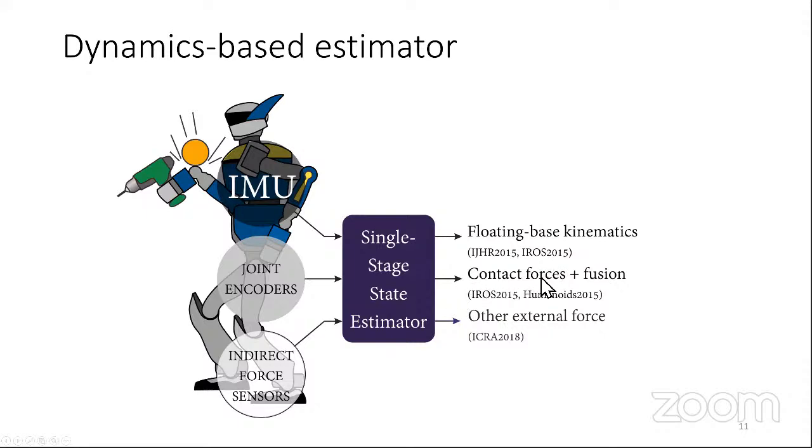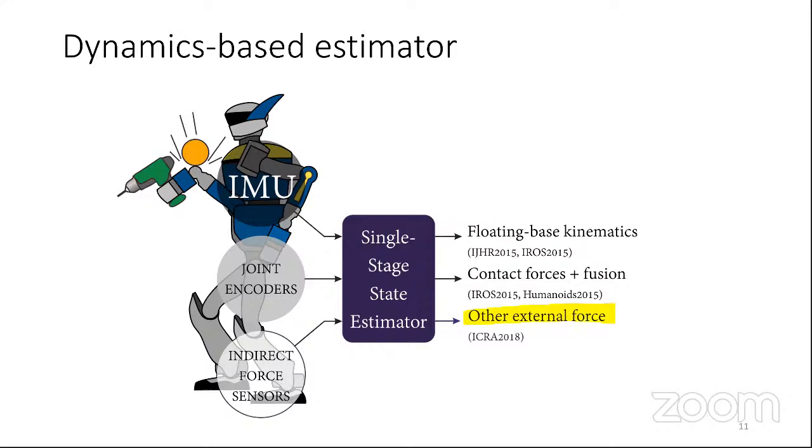It also gives contact force information if it is not available with a force sensor. We have even shown that we can stabilize the robot using this feedback without force sensors. And in 2018, I showed that we can also get other external forces that are not measured, not modeled, and not contact forces.